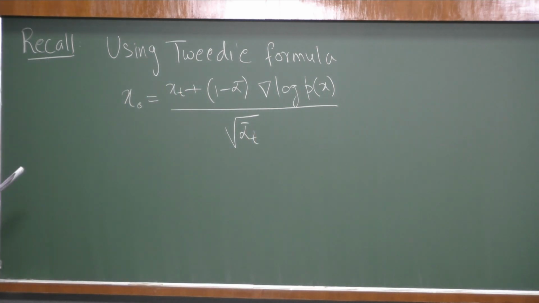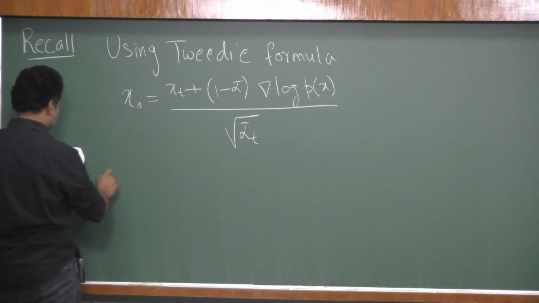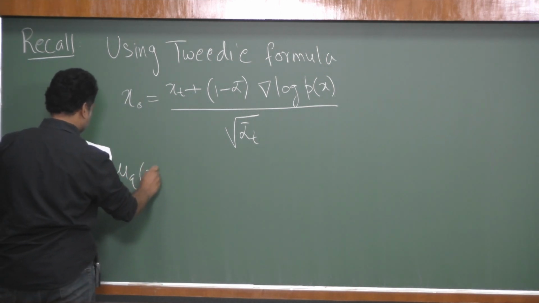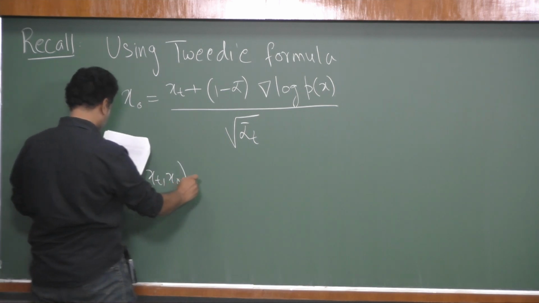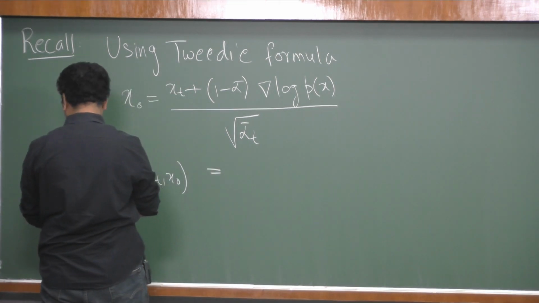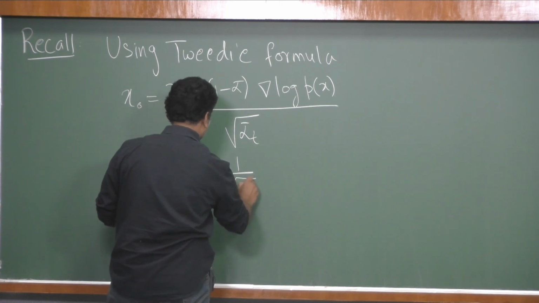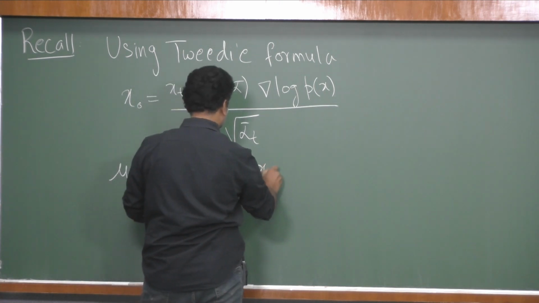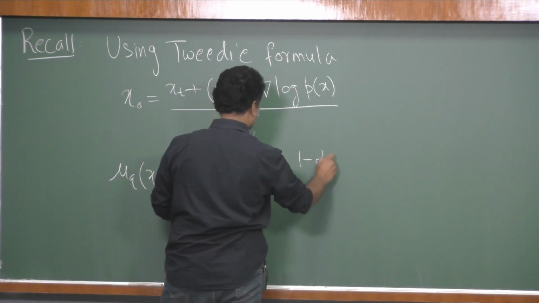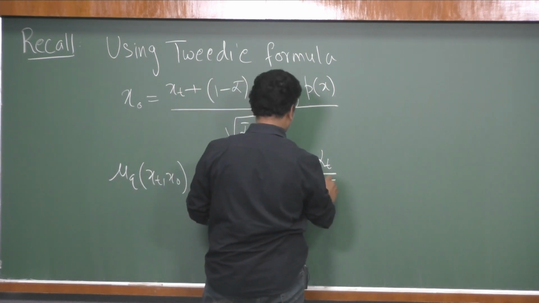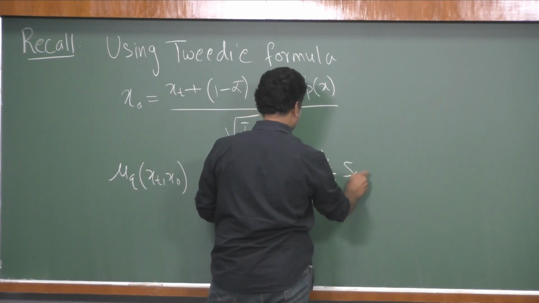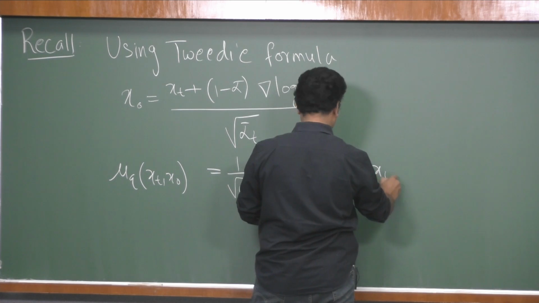Okay, so using Tweedie's formula, we use this x naught. And with this x naught, we could write down the mu q, the mean of xt given x naught, and this came out to be 1 by square root of alpha t times xt plus (1 minus alpha t) by square root of alpha t times s theta of xt, t.